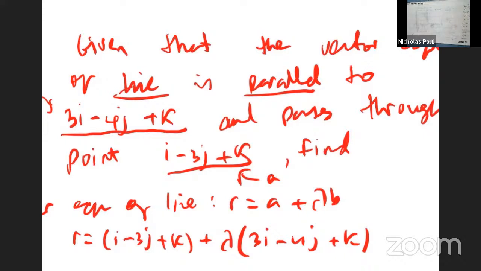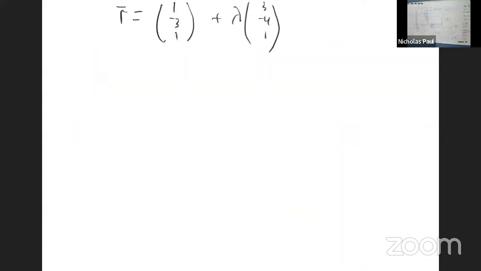So let's check this one out. The vector r is equal to (1, -3, 1) plus lambda times (3, -4, 1). Some people use different variables like mu; I just use lambda for the constant here.